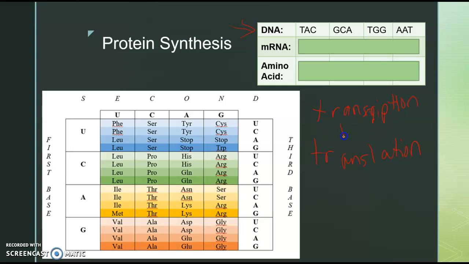Transcription is going from DNA to mRNA. That step right there. Translation is going from mRNA to protein by using rRNA and tRNA.